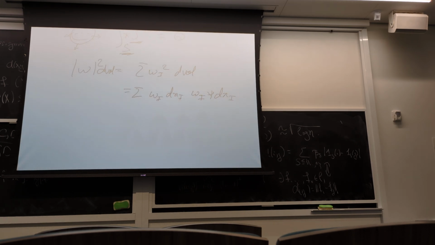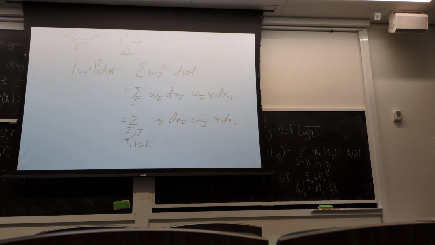And I claim that this is equal to the sum over I and J of omega_I dx_I, omega_J star dx_J, where both of these have the length equal to k.